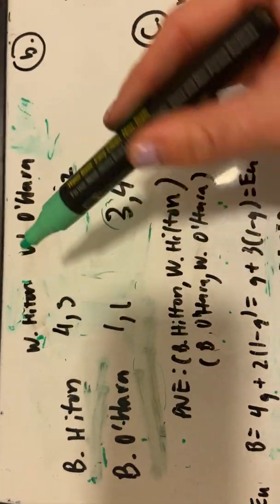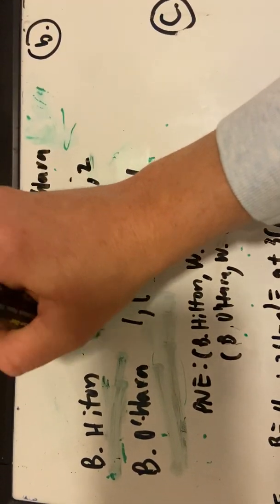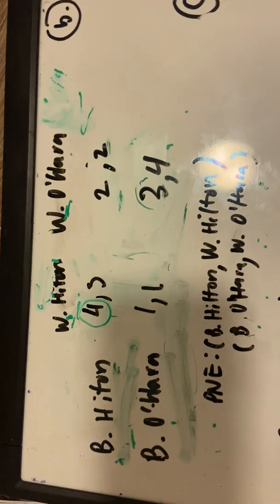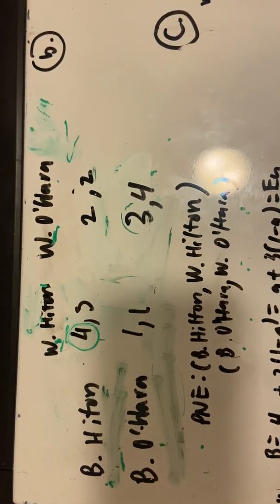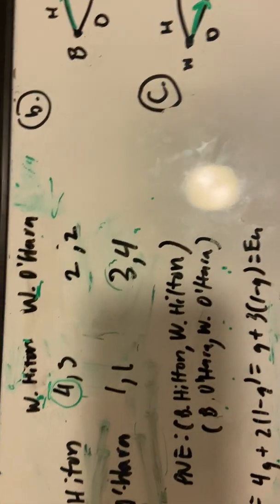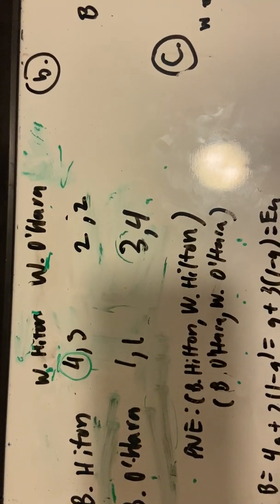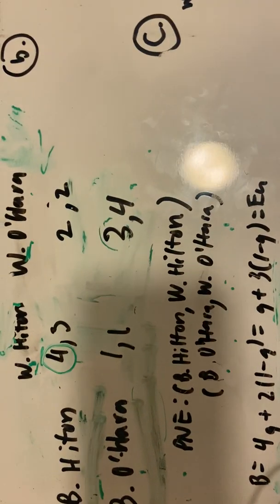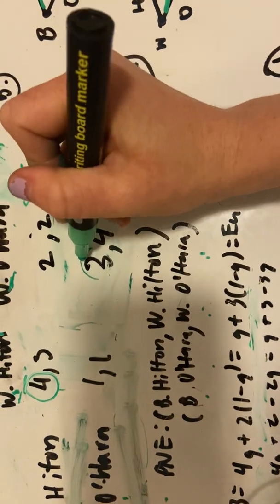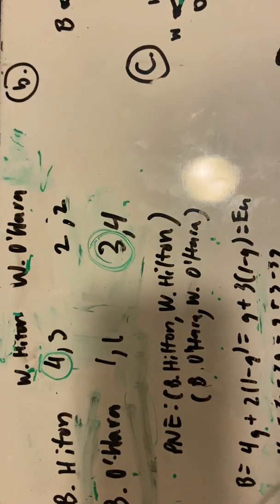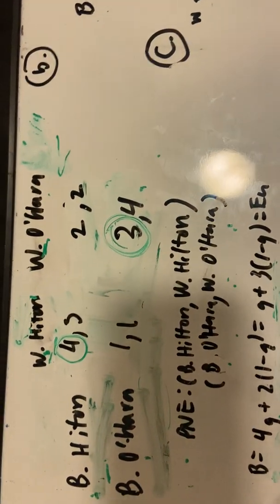So in this instance, 4 is the higher payoff, and so they would choose to select Hilton. Here, when winery chooses O'Hara, brewery would prefer to choose O'Hara, as it has the higher payoff.